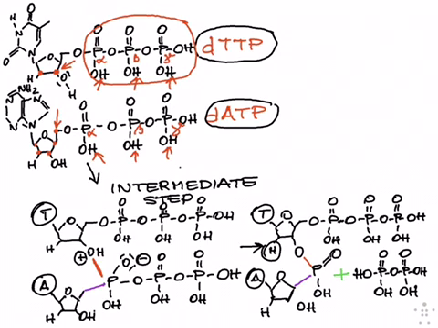I want you to pay attention that you already have an ester bond between this alpha phosphorus atom and the C5 of the ribose sugar below. So deoxyadenosine triphosphate already has an ester bond between the deoxyribose and the phosphoric acid right here.